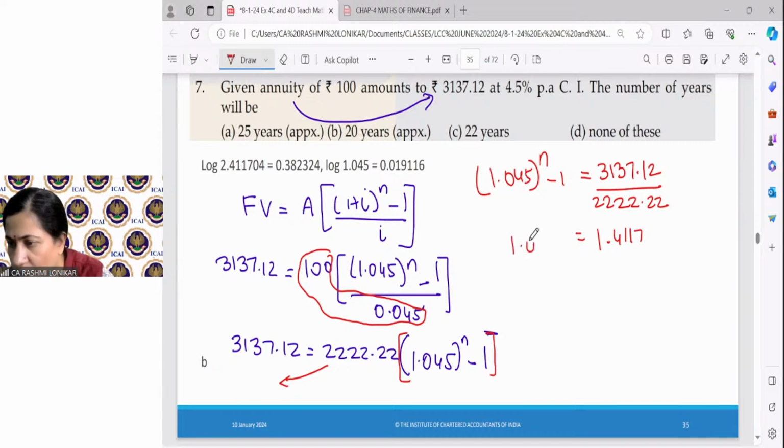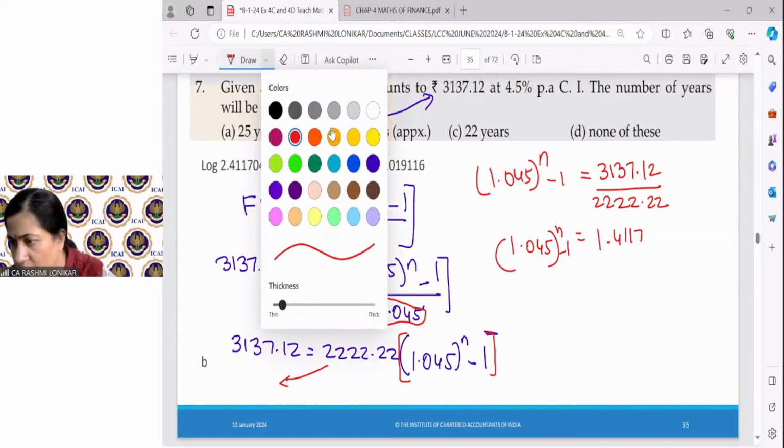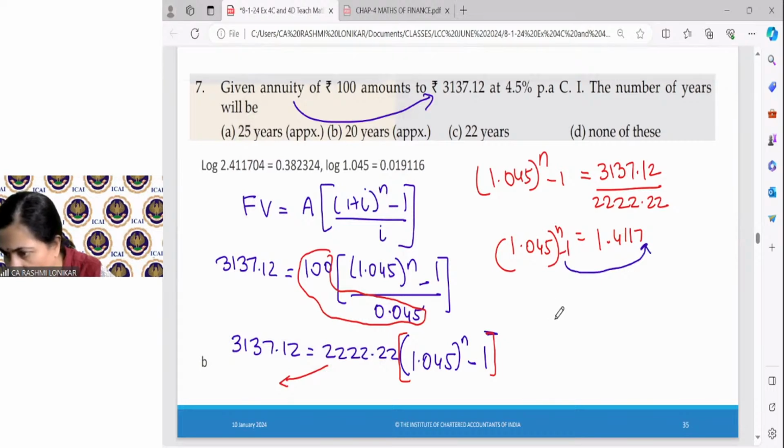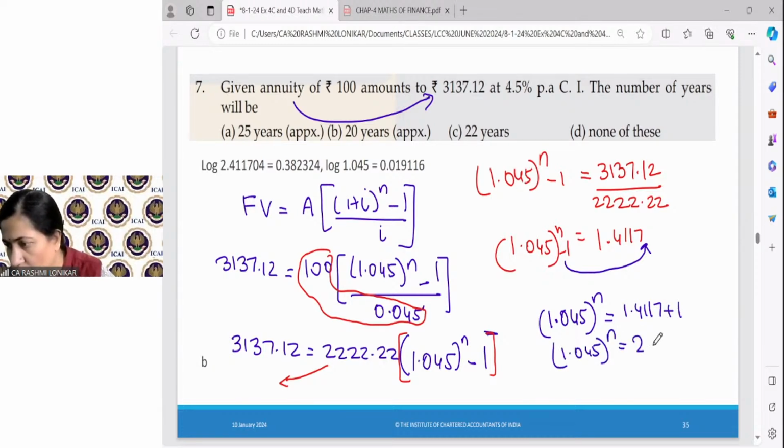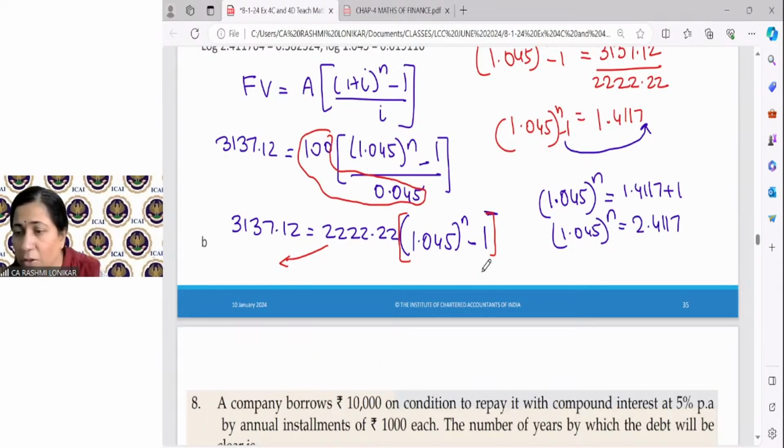So I have 1.045 raised to n minus 1 as this. Now I take this minus 1 to the other side, where it becomes plus 1. So 1.045 raised to n is equal to 1.4117 plus 1, which is 2.4117. Now you remember your log tables?